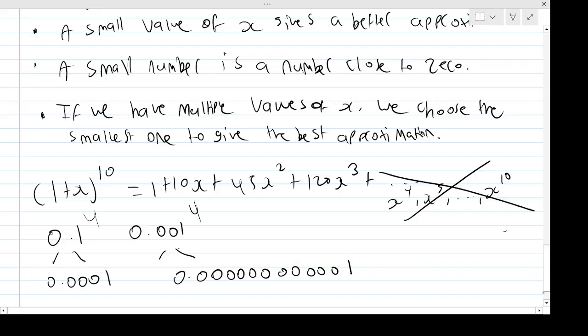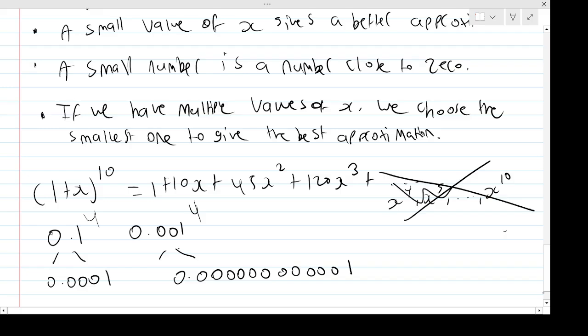It'll be insignificant to the answer, which means it gives a better approximation, as we need fewer terms to get a very close answer, right? And that's basically it. So the smaller value of x gives the better approximation because higher powers of a small number basically go to 0, right?